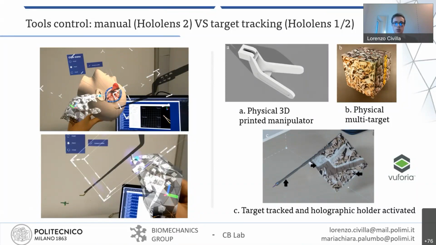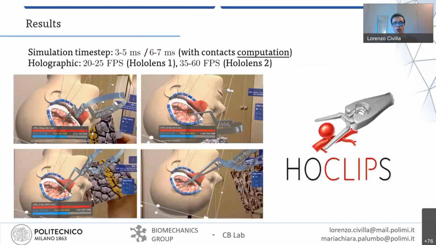And on the other hand, we have the use of an image target with an additional tracking engine, that in our case has been Vuforia. We used a half-cubic multi-target that is compatible with both HoloLens 1 and 2.